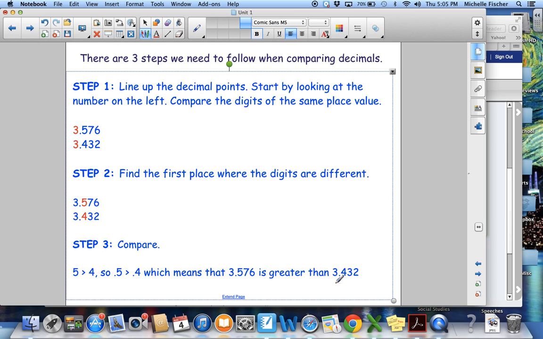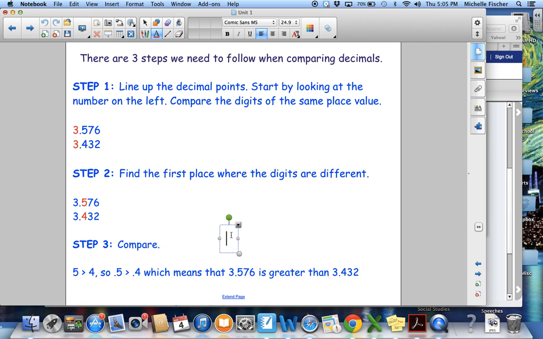And there we go, we have our answer. So our final answer, we would write the numbers fully. So we would have 3 and 576 thousandths is greater than 3 and 432 thousandths.